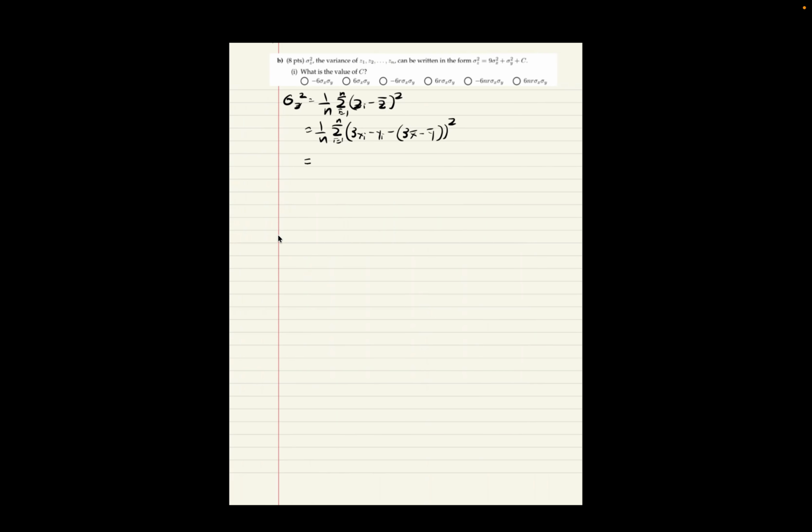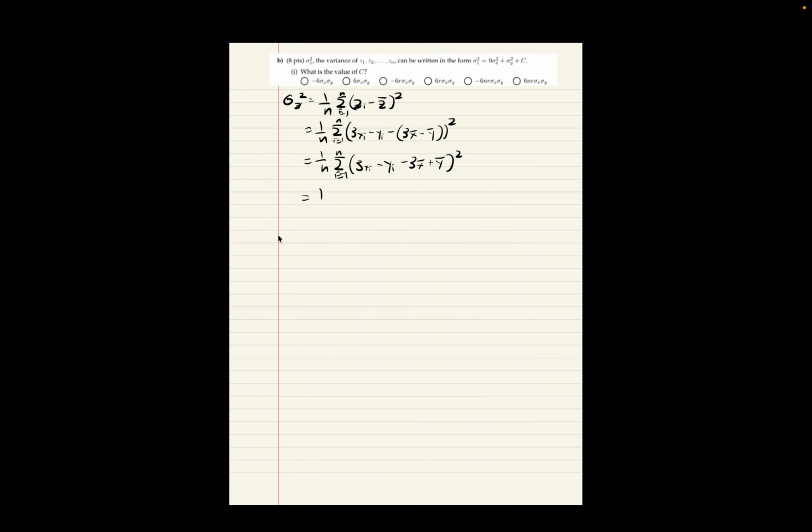Now we can distribute the minus sign. And we have something like this. So the question is, how do we go about simplifying this further?